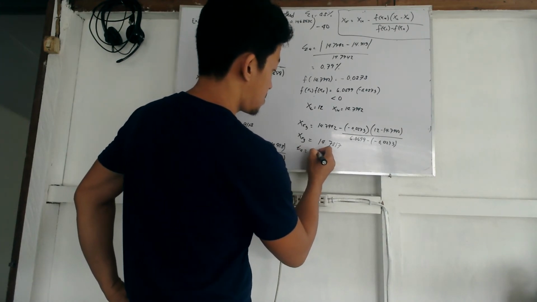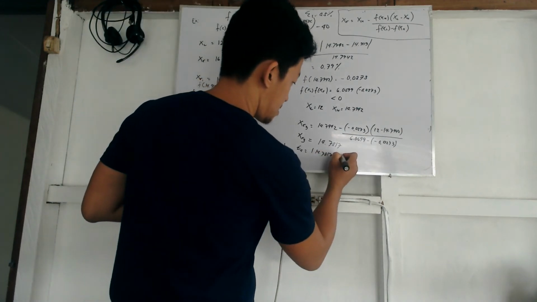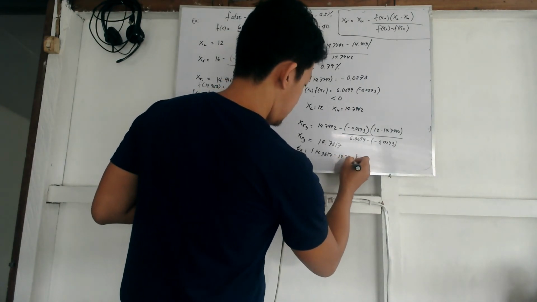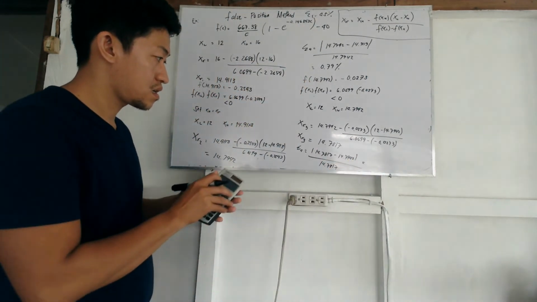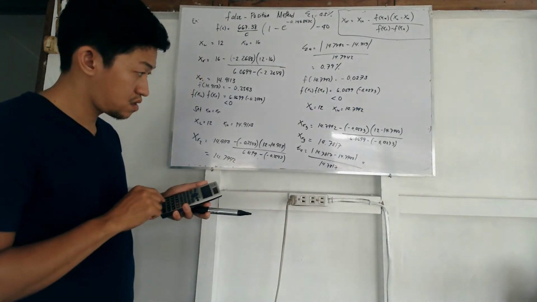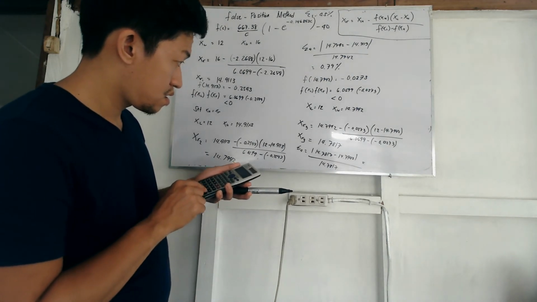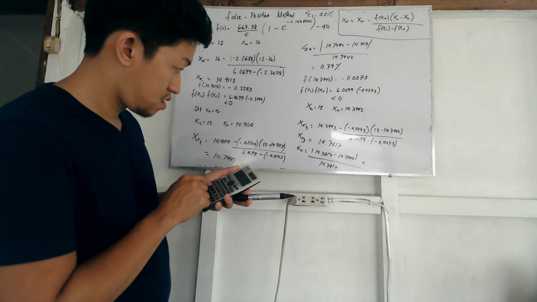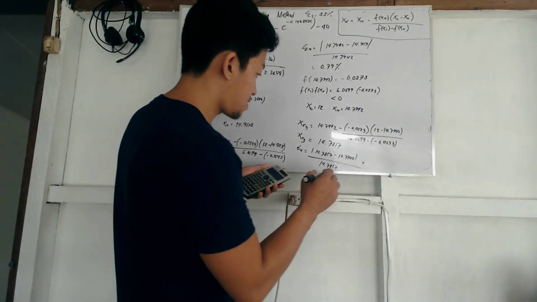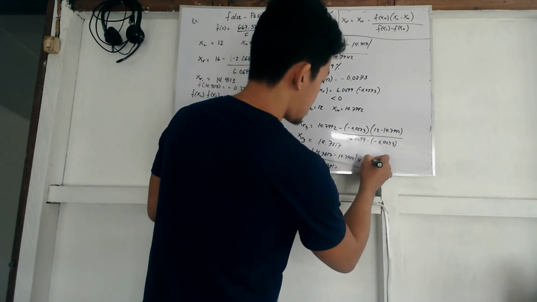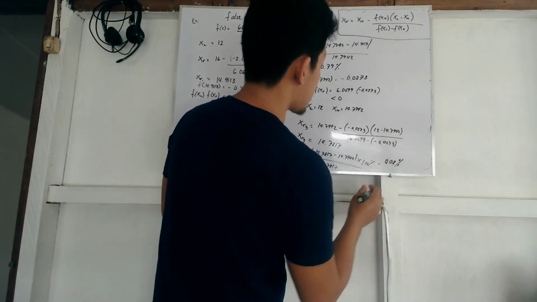You have 14.7817 minus 14.7942, and you multiply this by 100%, you will get 0.08%.